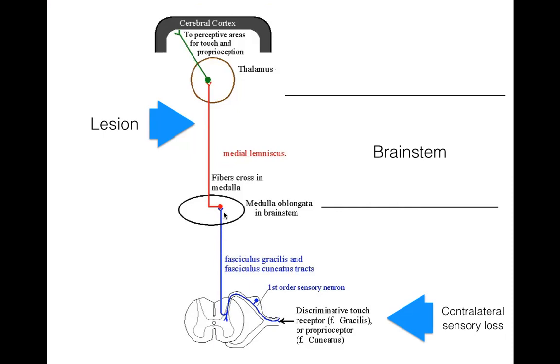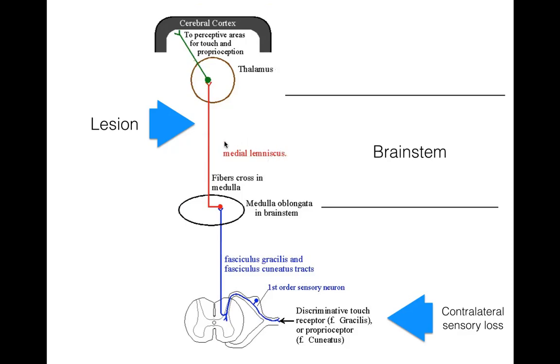Now, when those fibers eventually reach the medulla oblongata, they will synapse with second-order neurons found in the medulla oblongata and send out fibers that cross over to the contralateral side. They will now ascend in the brainstem. This time they are called the medial lemniscus.